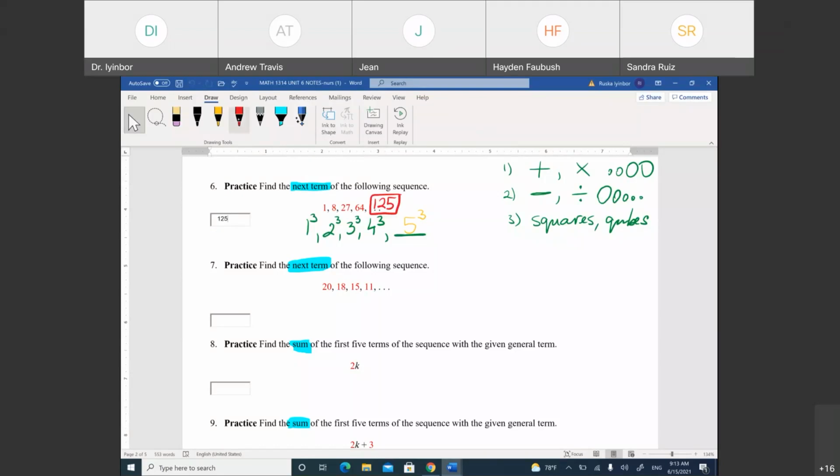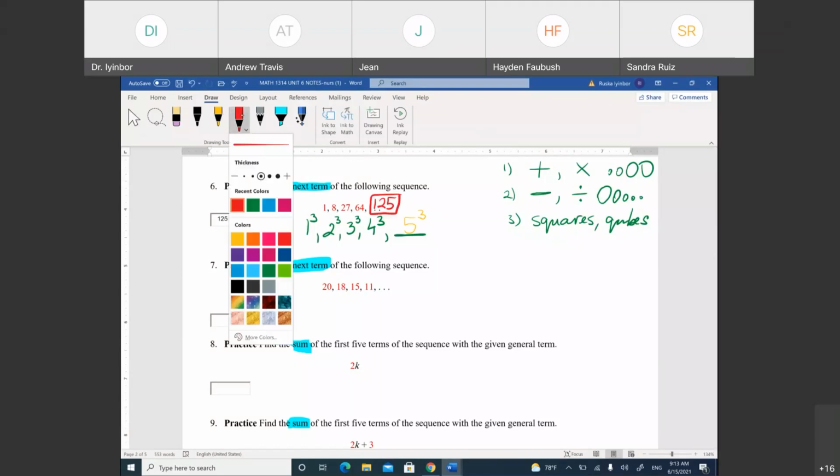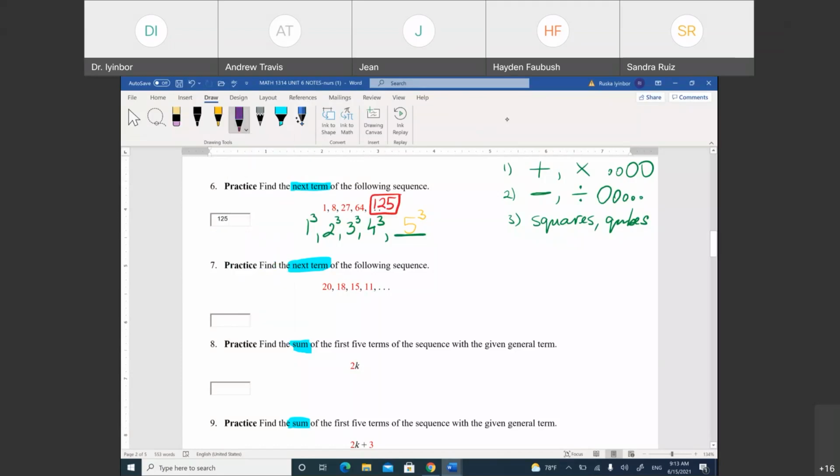Now let's look at number 7. For number 7, we're going to do the same. We start with the sequence is decreasing. The numbers are getting smaller. So we're going to try adding or subtracting or dividing. Let's see what you have. From 20 to 18, you subtract 2, right?